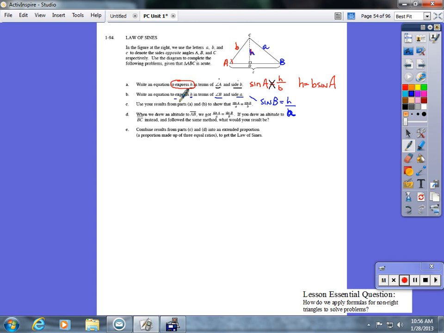So again, expressing H, H equals A times the sine of B.